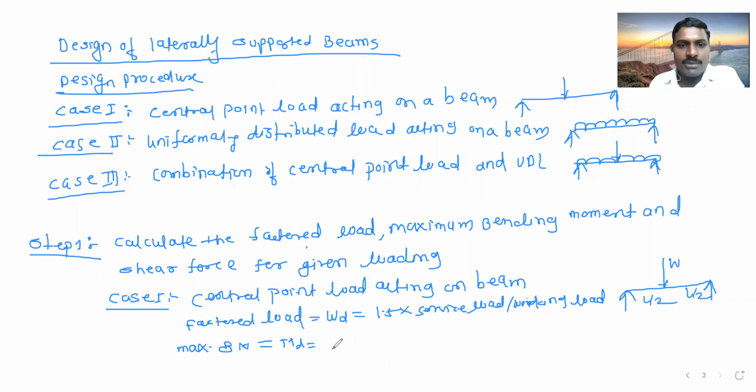Please correct, Sanket. WL by 4. So W means the calculated WD. Here W means this WD. Then L by 4. Why WD? Because the design load is there. So WDL by 4.